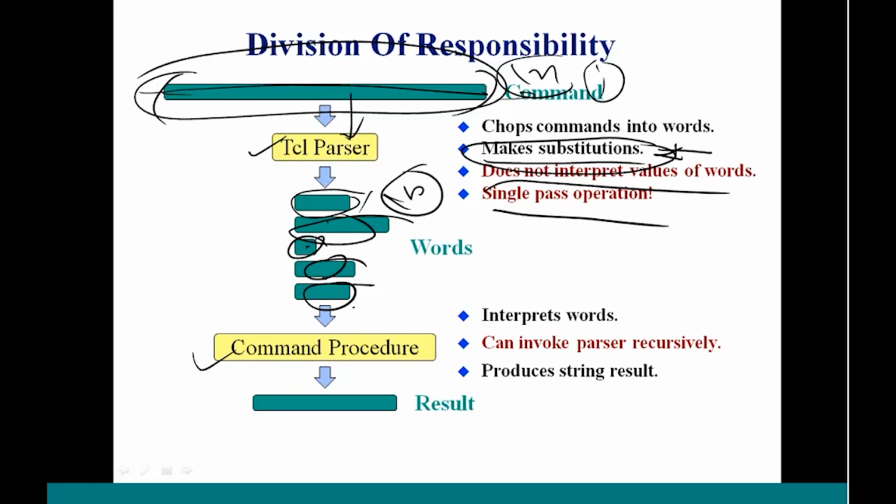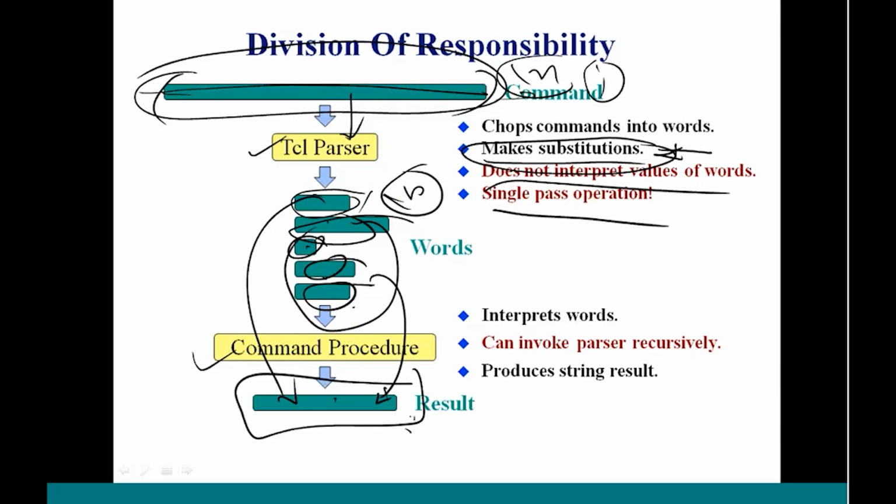Then it sends these words to the command procedure, which interprets them: the first as the command and the remaining ones as arguments. It processes them and produces a string result, which is what is stored here.